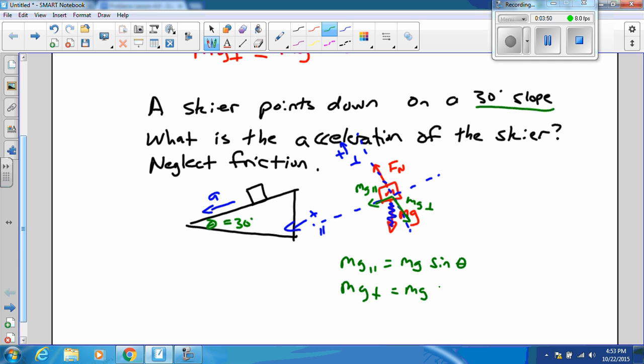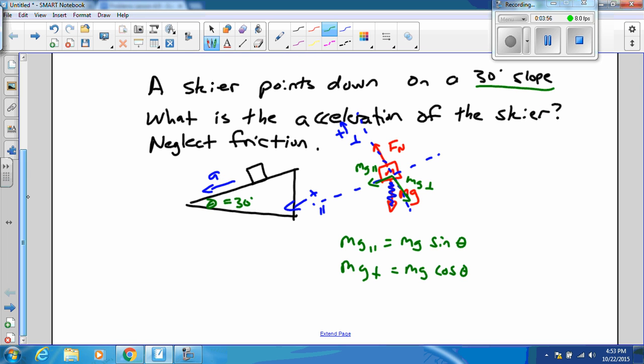And mg perpendicular is always mg times the cosine of the angle of inclination. And so now we have all of our forces broken into components along the parallel and perpendicular axes. And we're ready to do sum of forces.